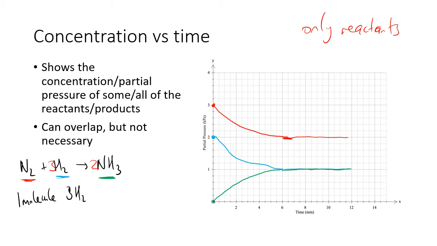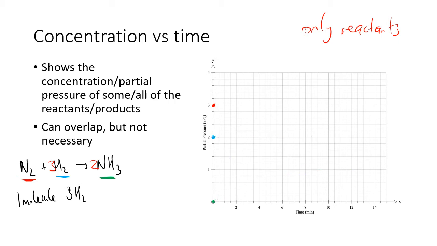I would need 300. That means that the concentration, or the partial pressure in this case, of the H2 should decrease by 3 times as much as the N2. Okay? 3 times as much. And how much has it gone down by here? It's only gone down by the same amount. Right? So that is all wrong. Got to get rid of it all.